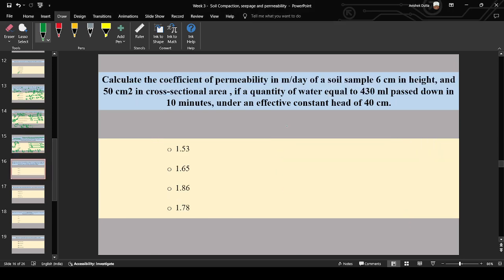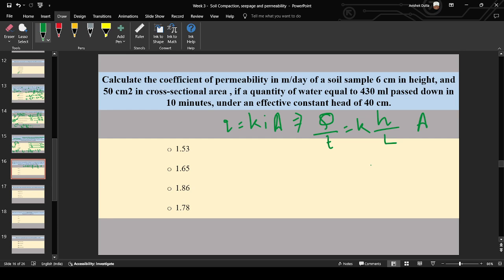Calculate the coefficient of permeability in meter per day of a soil sample. Okay, so in this question, we first of all have to remember the basic Darcy's law, Q equals KIA. And what is Q? Discharge per unit time. Discharge per unit time equals K, I means the head divided by length, into A. So what do we need to find out?